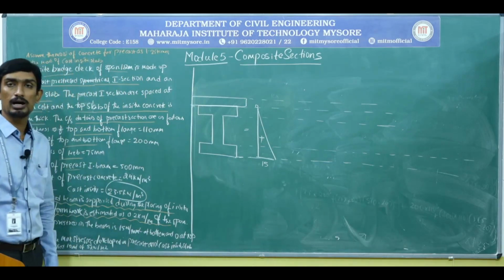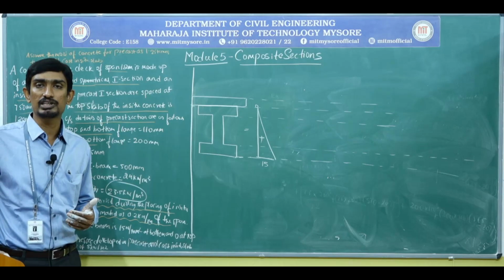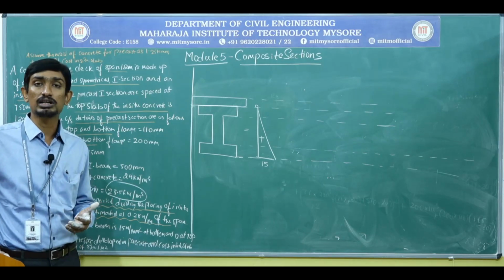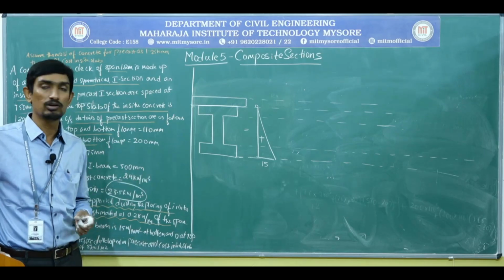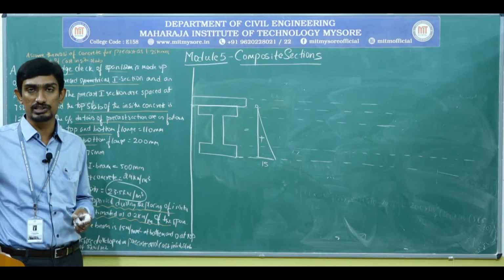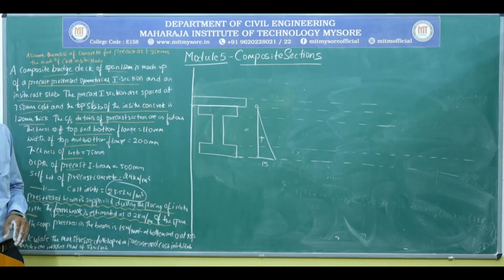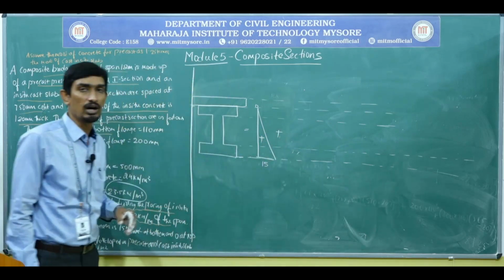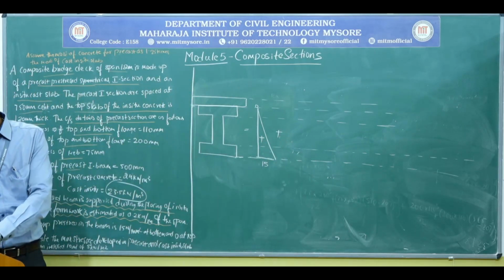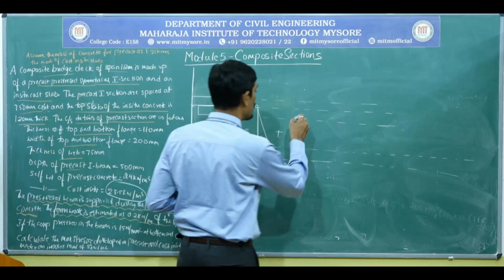So let me write down 0 at the top, 15 at the bottom. In the last problem, apart from initial pre-stress, they had given the loss of pre-stress, therefore we considered effective pre-stress in the last case. But in this problem they have not mentioned any loss of pre-stress, hence I will consider the initial pre-stress itself. Next, stresses due to the self-weight of the precast pre-tension beam, which is 3.78. So let me draw that.